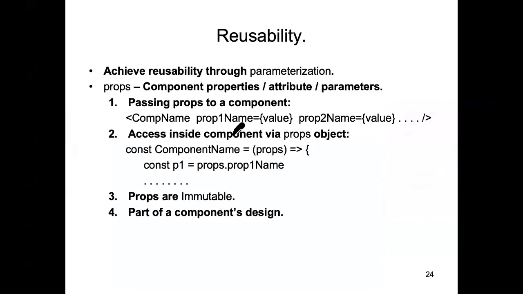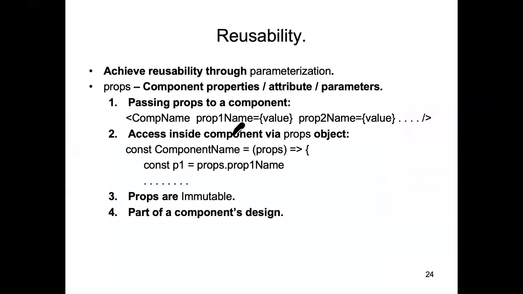Next, so far our component is completely enclosed. We can't actually pass anything into it. And if we could, then possibly the component could be used for different contexts. In other words, we want to make the component reusable. And so the answer to making your component reusable, or parameterizing the component, is to introduce what are called props.